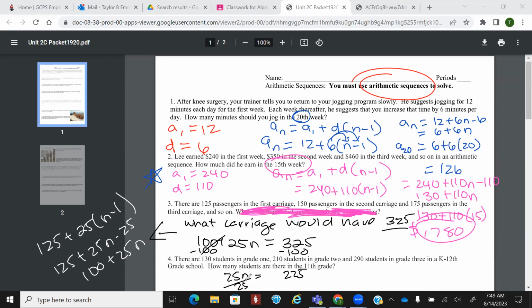And then if we divide by 25, what did we get? 9. So in the 9th carriage, we would have 325.